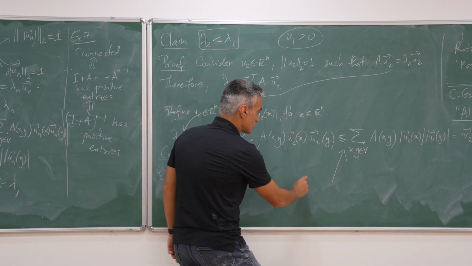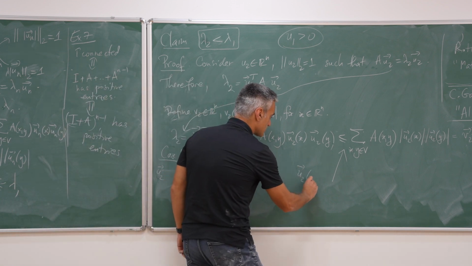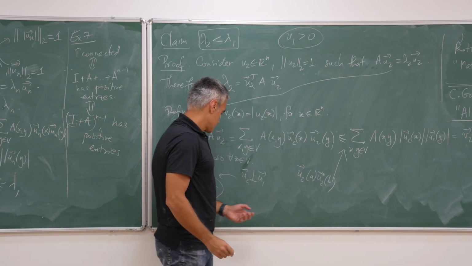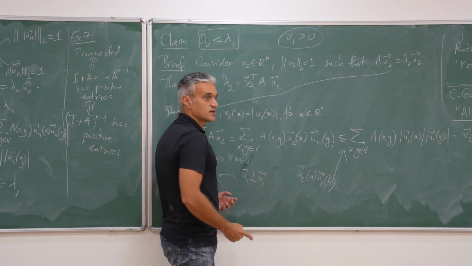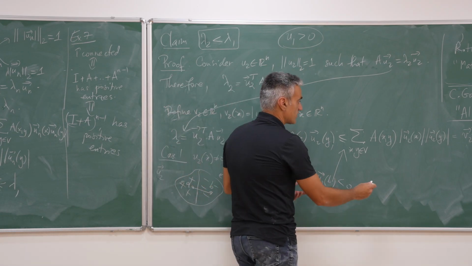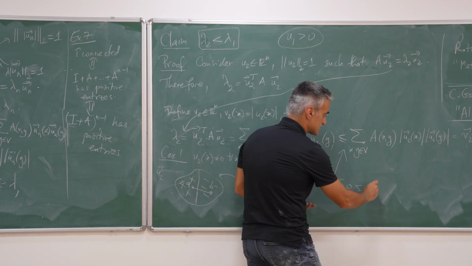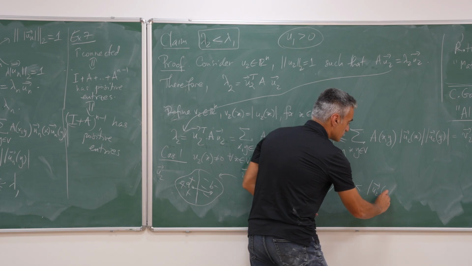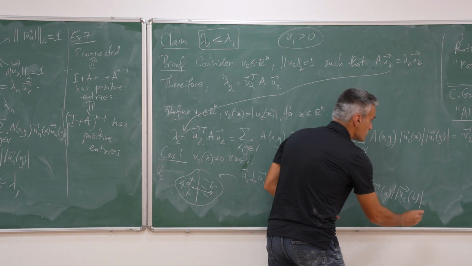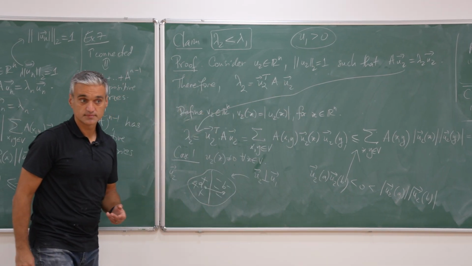So if you look here, u2(A) times u2(B), A is positive, B is negative, so this is going to be negative, and then this is going to be strictly less than the absolute value of u2(A) u2(B). Make sense?